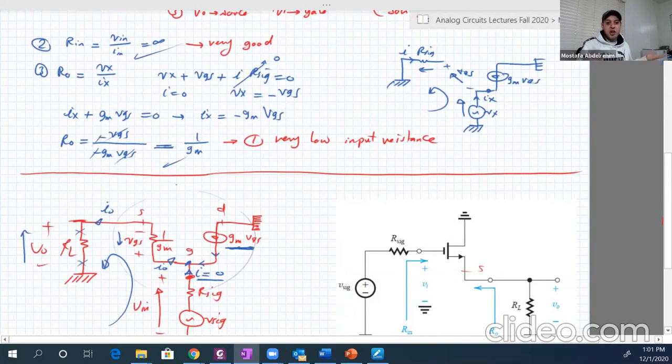I'm just showing one example to make you feel comfortable in using any of them. But for some problems, using the second one makes it really easier, especially with common gate amplifiers, or when you have RS resistance between source and the ground. Especially with most transistors or most amplifiers, the differences are not that high.